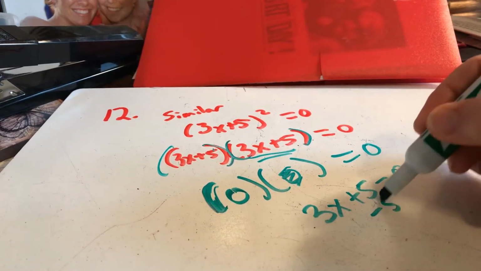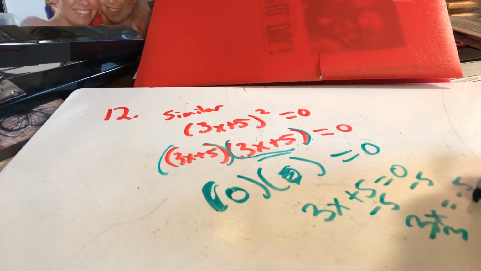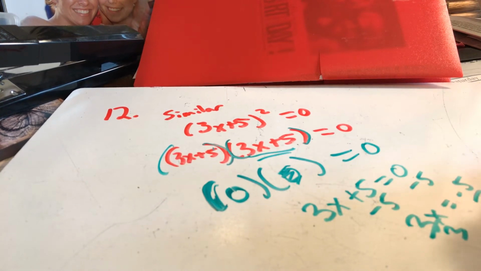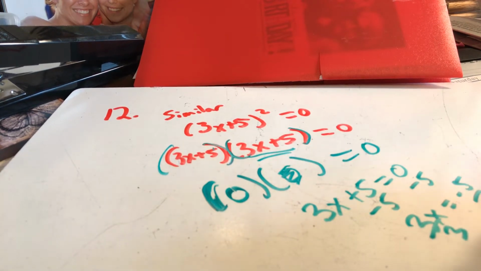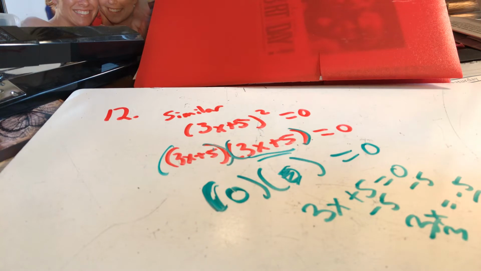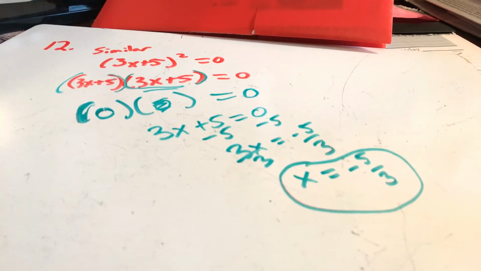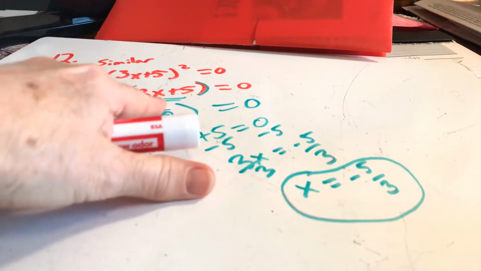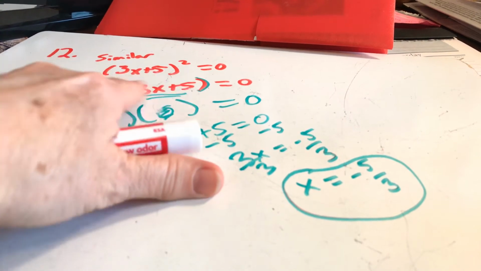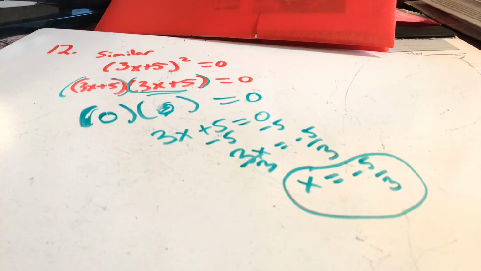Okay, so if you subtract 5 on both sides and then divide by 3, the value of x that would give you an answer of 0 would be negative 5/3, or negative 1 2/3, or negative 1.6 repeating. There you go. Really what you're trying to do is figure out what x value would turn the part that's in the parentheses into 0.